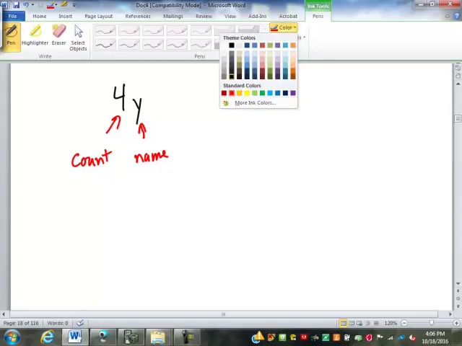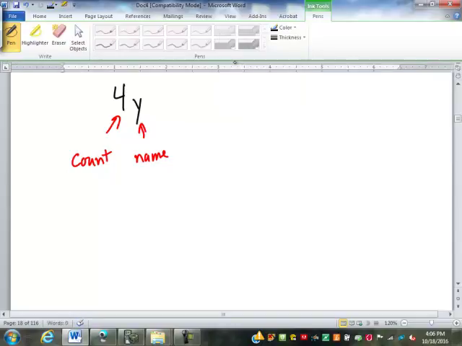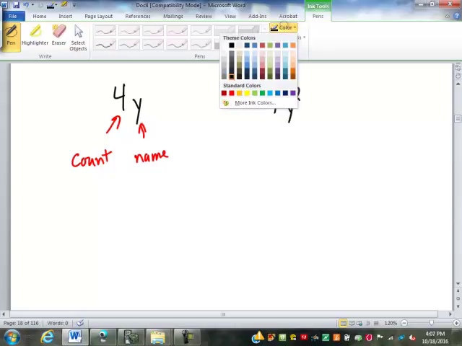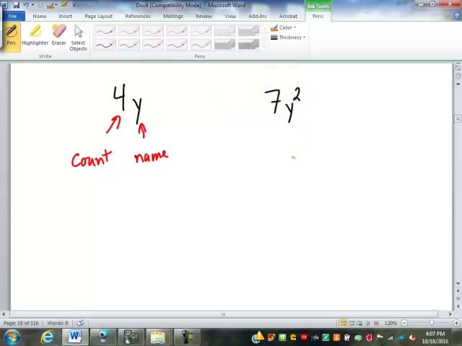But we've also seen that we can have different powers on that variable. 4y and 7y squared are not the same name. Now, one of the things that we will define about these variables is something called the degree. And the degree is the power.